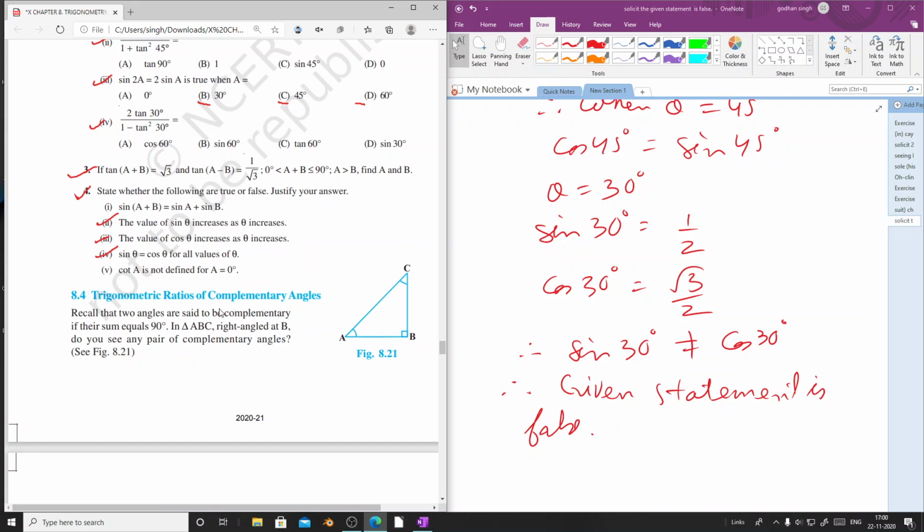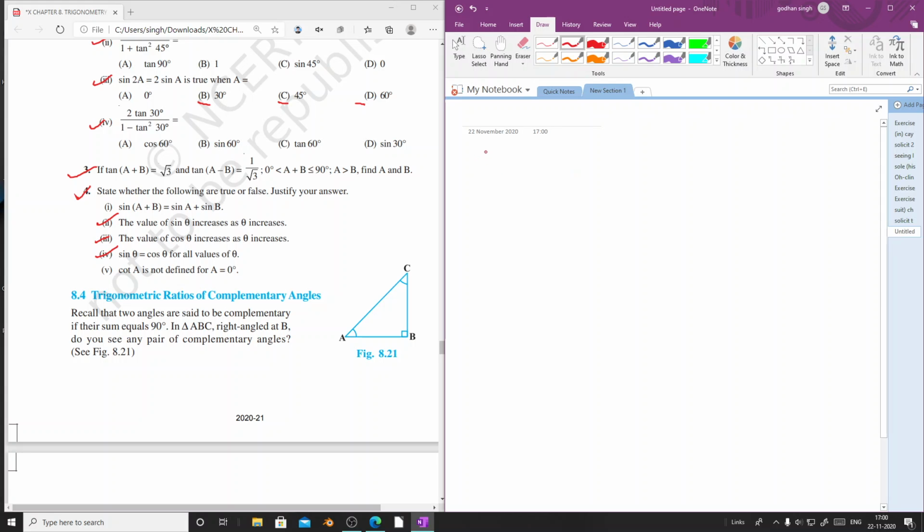Now let us do the fifth part. Question number 4, part 5. In that we have to check: cot A is not defined for A equal to 0 degree.